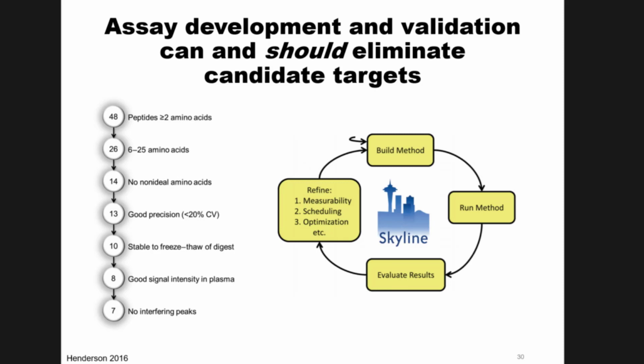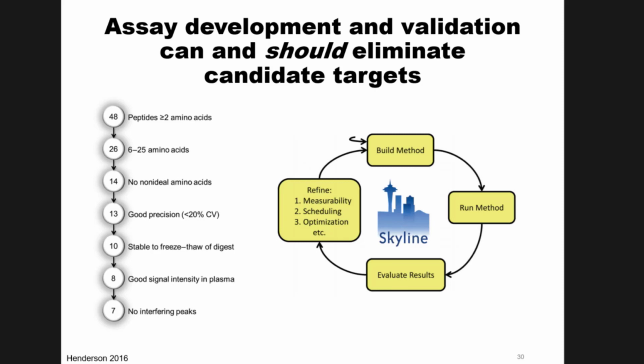You might be able to say, okay, I don't want any methionines, because those tend to be modified and have reproducibility problems. For that good precision, you might be able to do a 3 by 5 or a 3 by 3 experiment and say, wow, some of these peptides degrade really quick, or some of these peptides don't digest reproducibly. You can do a freeze thaw to eliminate more candidates.